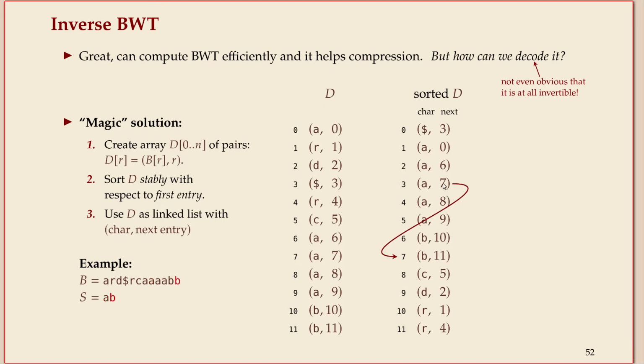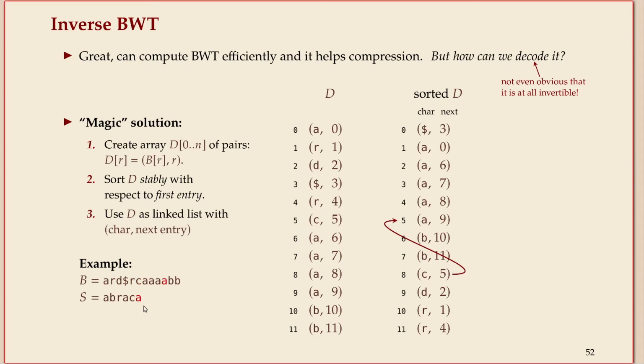Now, next thing is 7. So we jump to 7, and write down the character B. That's the second character in the string, I promise. And we continue. We jump to 11, that's down there, so next is an R. Now we jump to 4, which gives us another A. Jump to 8 gives us a C. And you see, whenever I enter a new pair, I write down the character here.